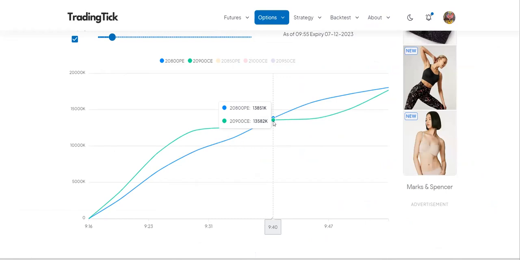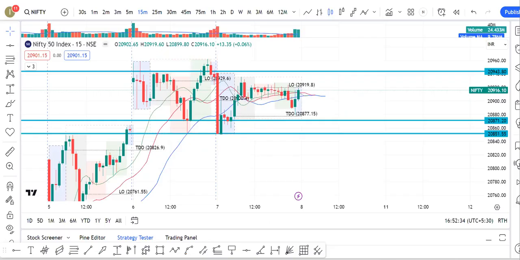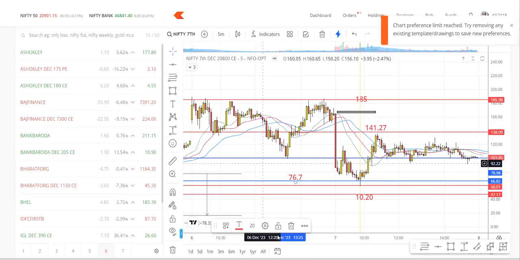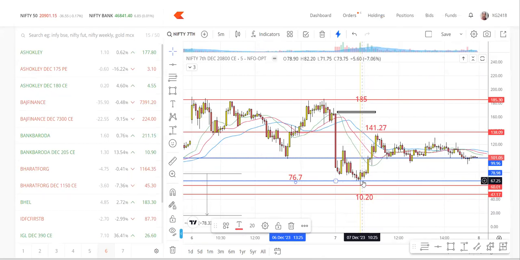On this candle, on tradingtick it was also showing unwinding of call options. That means open interest unwinding, which indicated a reversal. So you have to think of the market reversing from the fall, so you have to go for the call option. I was confident, and I entered around 75 points early, but I could not guess this much fall.